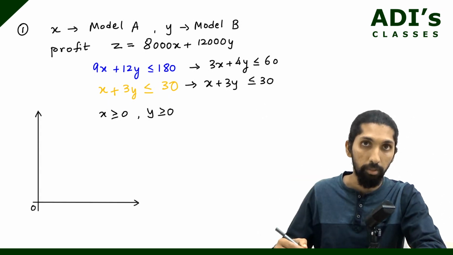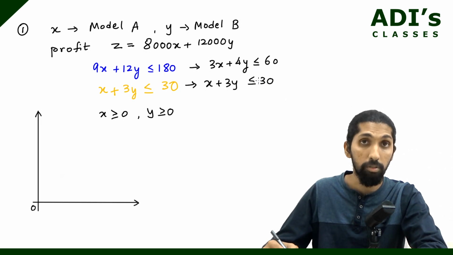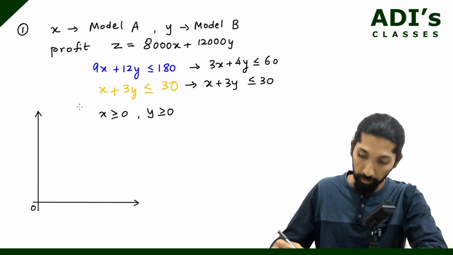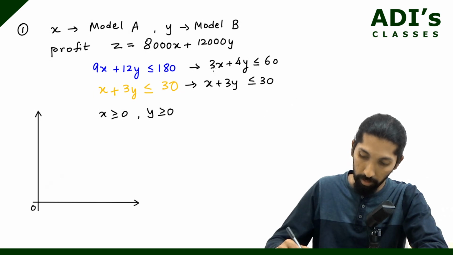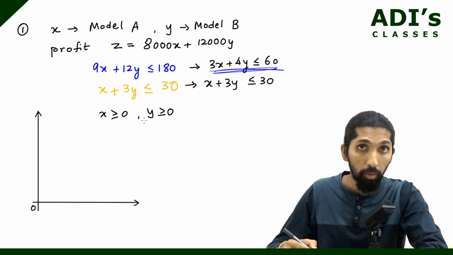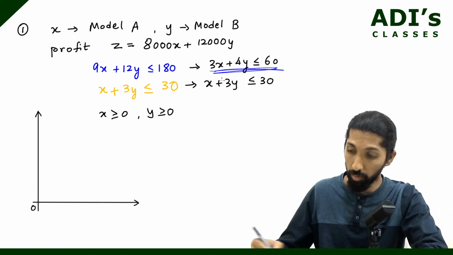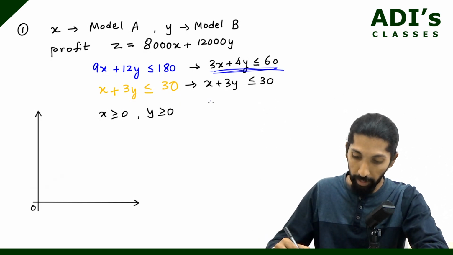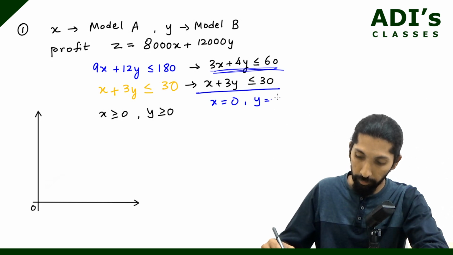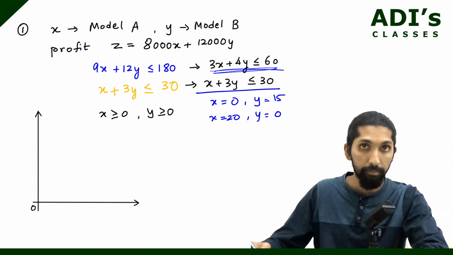Now let's plot the straight lines. The first equation we have is 3x plus 4y less than or equal to 60, correct? We take the equal to sign. Suppose x is equal to 0, then y is equal to 15. When y is 0, x is equal to 20, right?